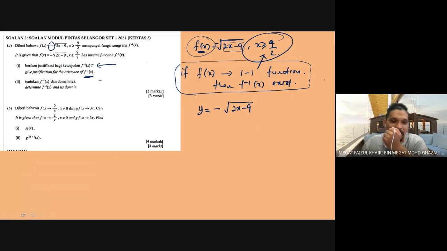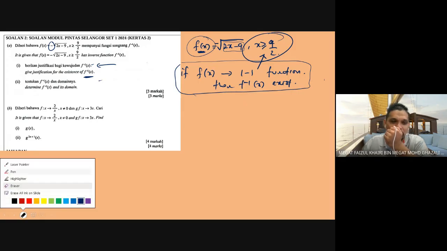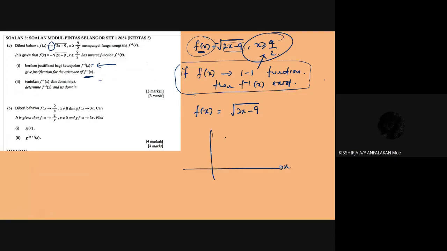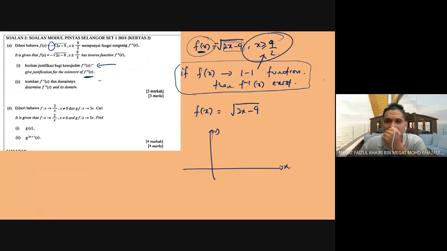Let me explain if this kind of question, up to the standard question, wants you to sketch the graph of this function. Let's say fx equals square root of 2x minus 9, without the negative sign first.